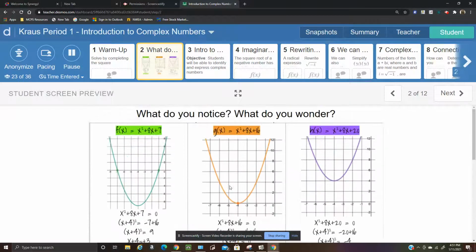We go back up here. Our b value is 8, a is 1, c is 7.